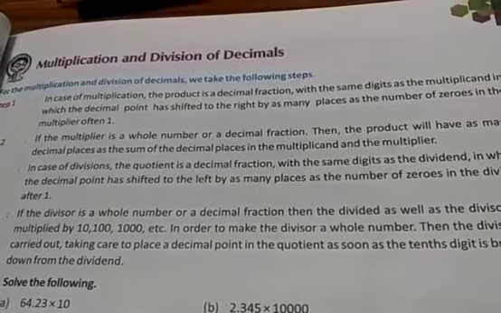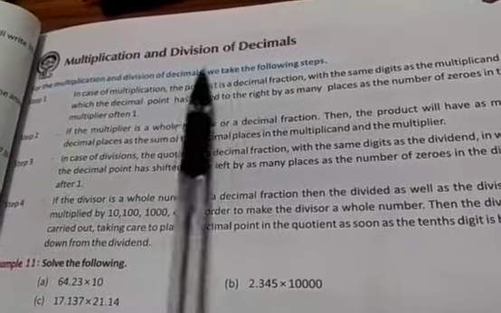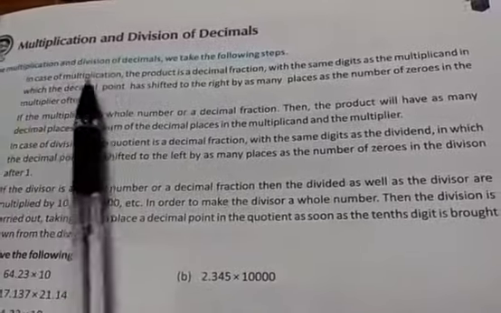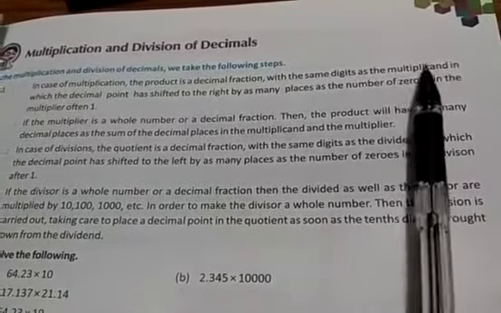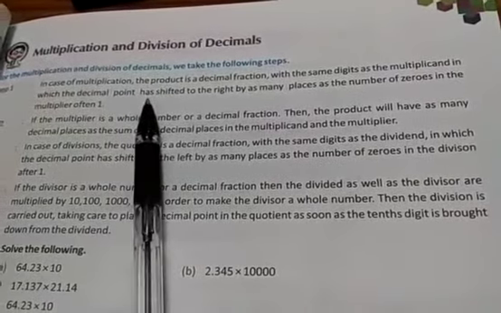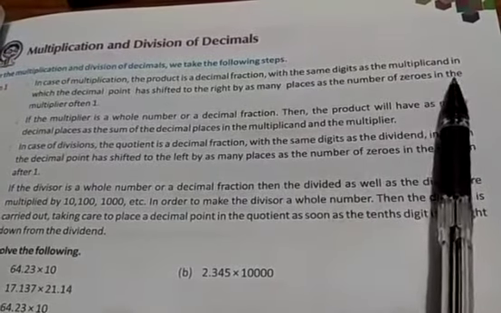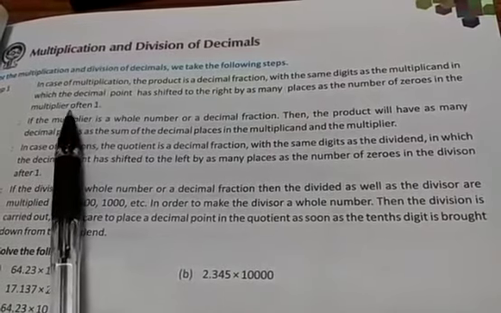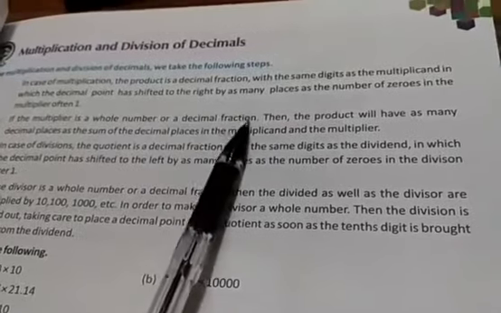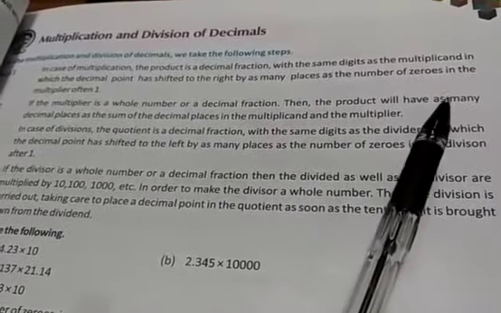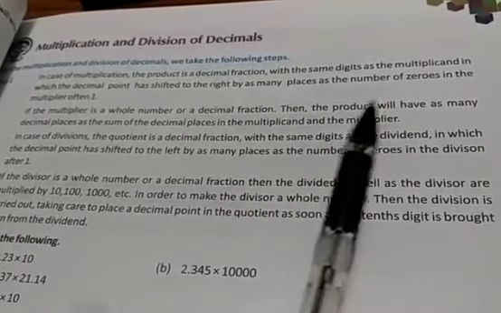Next we have multiplication and division of decimals. For multiplication and division of decimals, we have to follow the following steps. In case of multiplication, the product is the decimal fraction with the same digits as the multiplicand, in which the decimal point has shifted to the right by as many places as the number of zeros in the multiplier after 1. If the multiplier is a whole number or a decimal fraction, then the product will have as many decimal places as the sum of decimal places in the multiplicand and the multiplier.